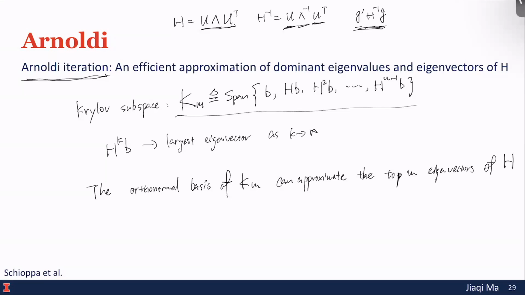Another thing to note is that the construction of these vectors can also be obtained by IHVP, so we don't need to explicitly construct H. That's the rough idea of this Arnoldi-based method to efficiently solve the inverse Hessian vector product.